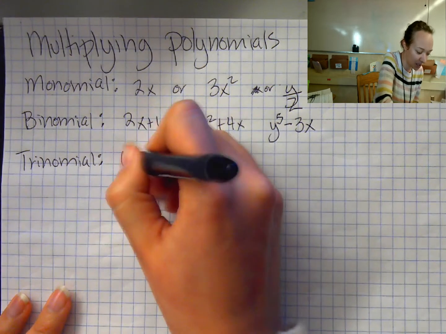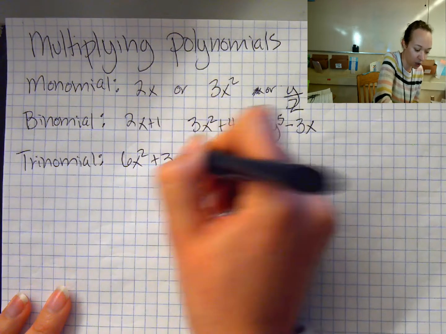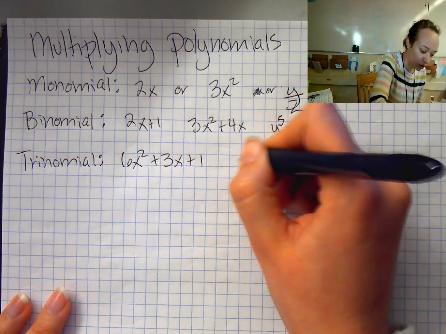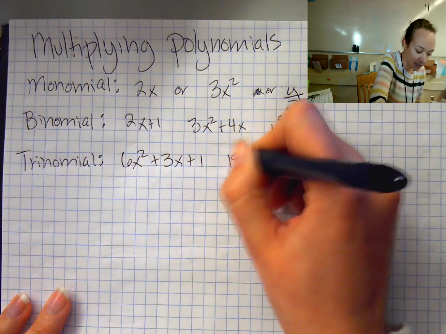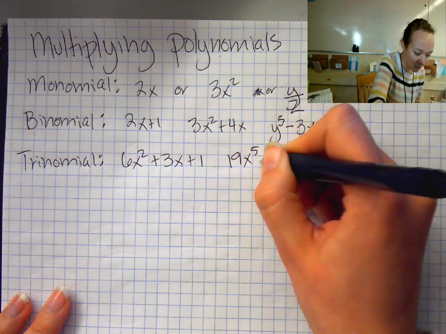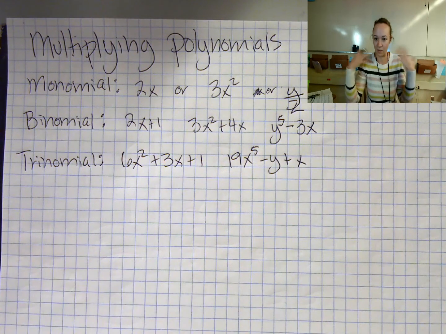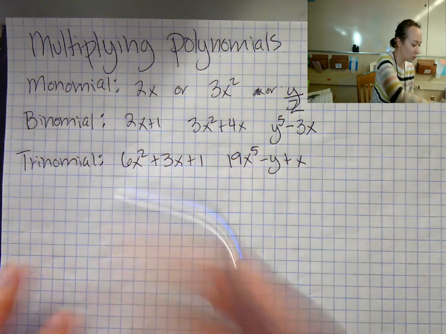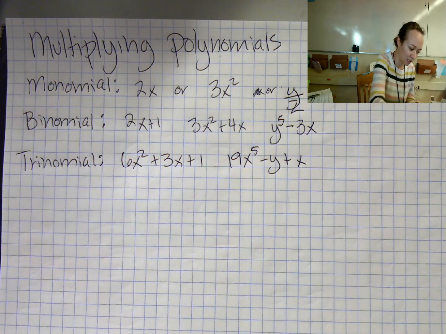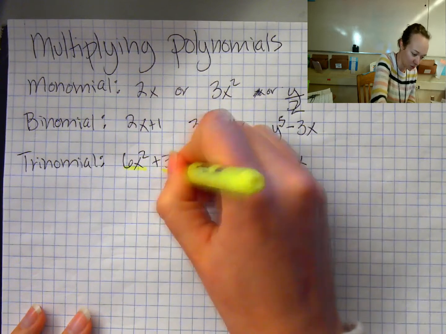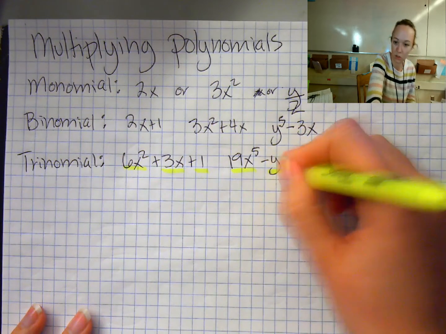So 6x squared plus 3x plus 1, or 19x to the 5th minus y plus x. I don't know, I'm just throwing stuff out here, right? The only requirement is that it has 3. 1, 2, 3.